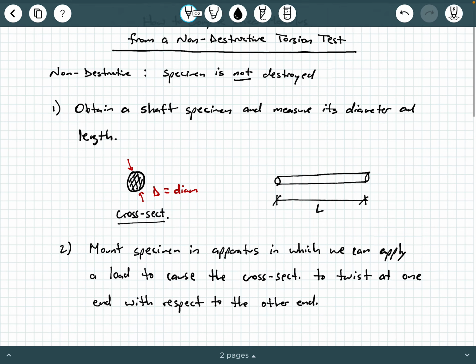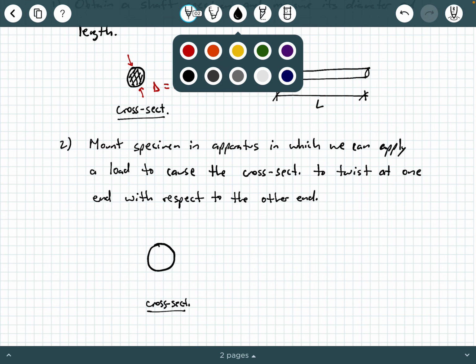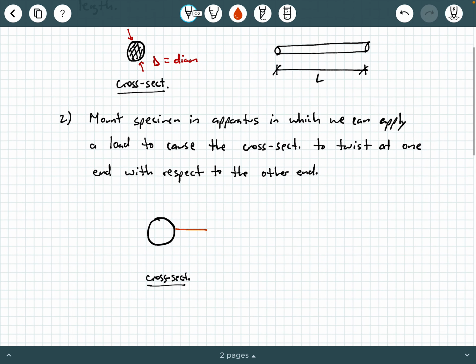The way you typically do that is you mount your specimen in some type of load frame or framing apparatus. Here's our cross section again. The apparatus will have an attached lever arm that comes in contact with one side of the specimen.